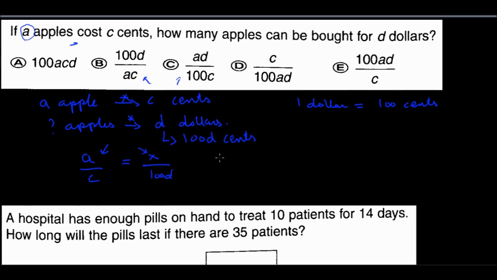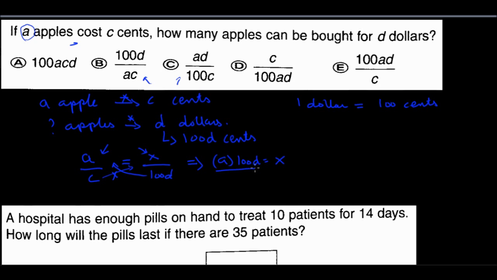Cross multiply, I'll have A times 100D equals X times C. Here you do partial cross multiplication. You want X to be isolated, so I'm not going to move the C to this side. I'm just going to move the denominator, C, to the other side.